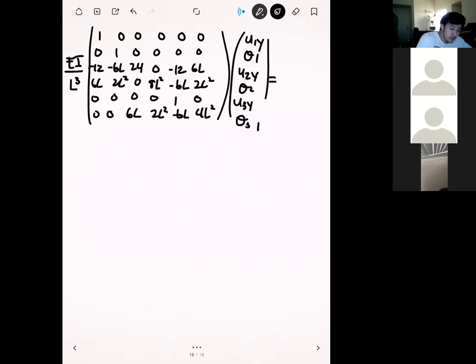This equals our forcing vector, which is 0, 0. On the U2y row, remember we had a force of minus P, and on the theta 2 row we have M, and then 0, 0.